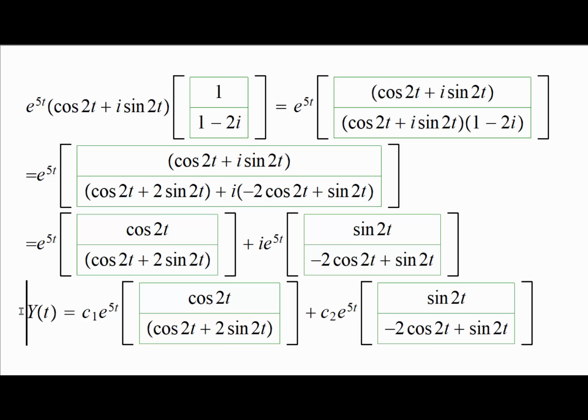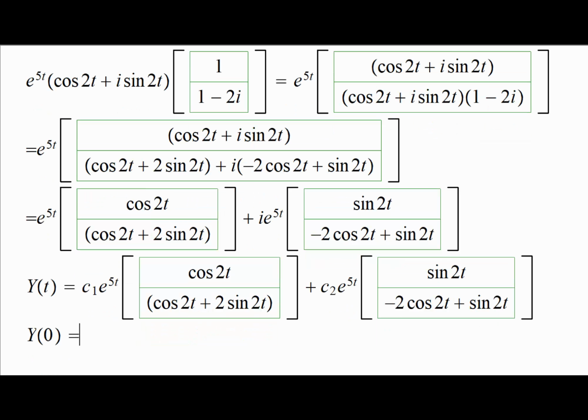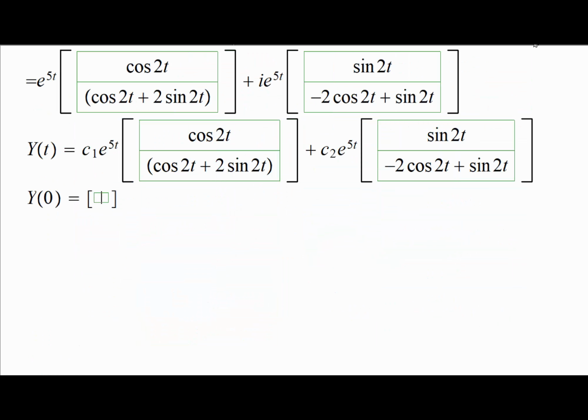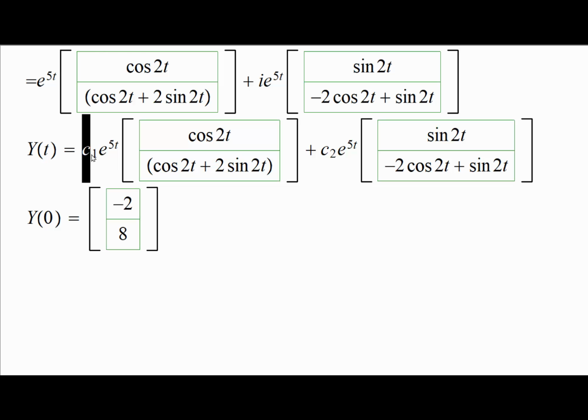So we have y at 0 equals negative 2, 8, and that will help us solve for the values of these constants for that particular solution, right? If we put t equals 0 in y, what would we get? We will get c1, right?